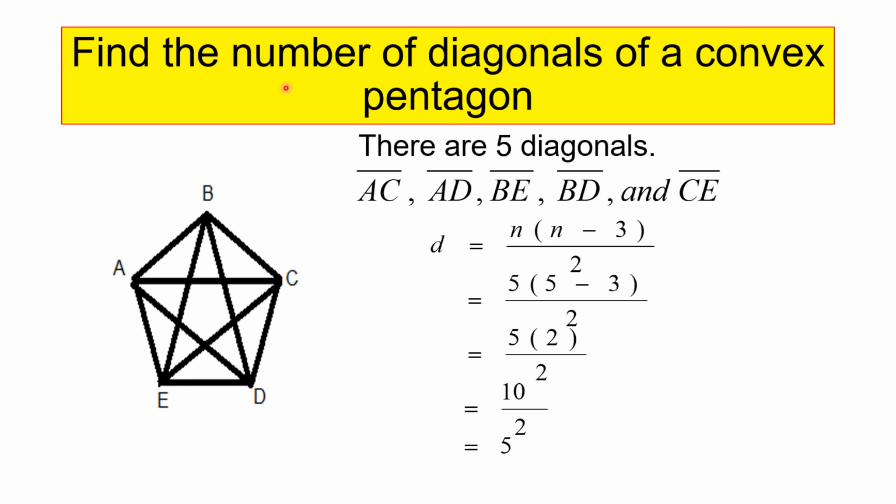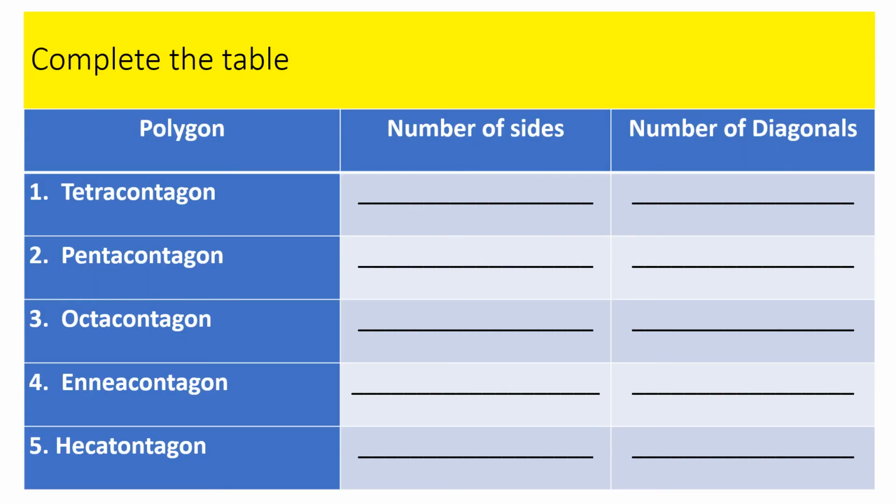Now we need to find the number of diagonals using the formula D equals n times the quantity of n minus 3 over 2. How many sides are there? There are 5. So we have 5 times the quantity of 5 minus 3 over 2. 5 minus 3 is 2. 5 times 2 is 10. And 10 divided by 2 is 5. Therefore, for a pentagon, there are 5 diagonals.